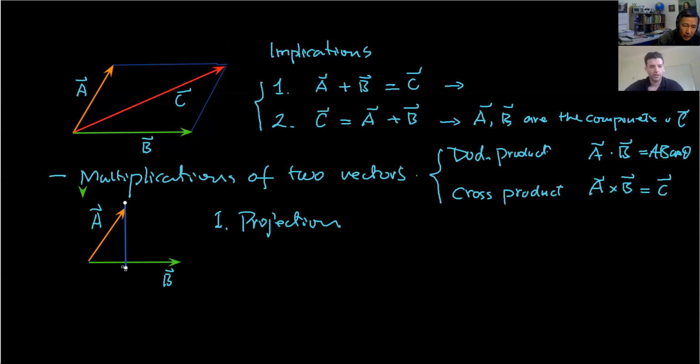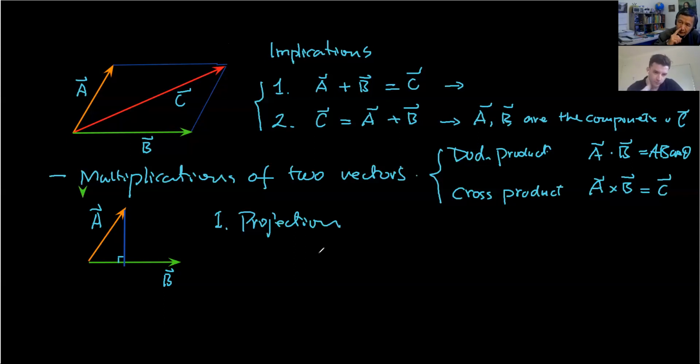It's just like sound waves coming downward perpendicular to B, so it will always create a right angle. In this way, we can form a right angle triangle here. Now the projection is just this part, the length of the projection.